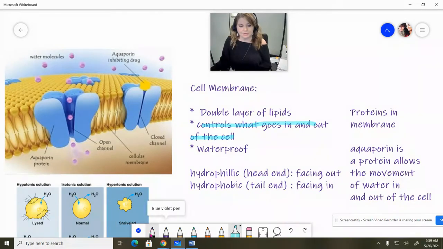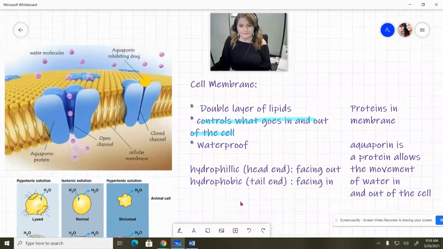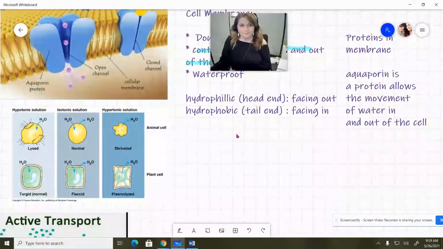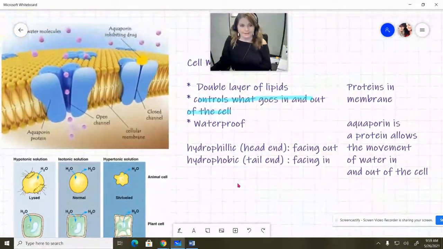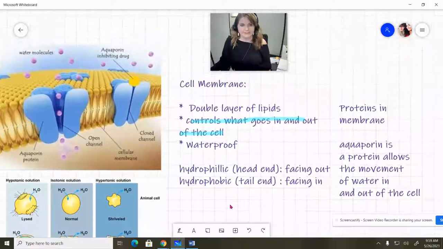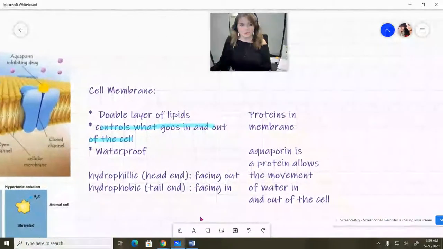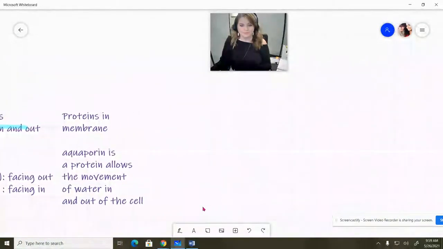How does the cell control what goes in and out of it? So one way that this control happens is through something called diffusion. So diffusion, let me just write that one up here.